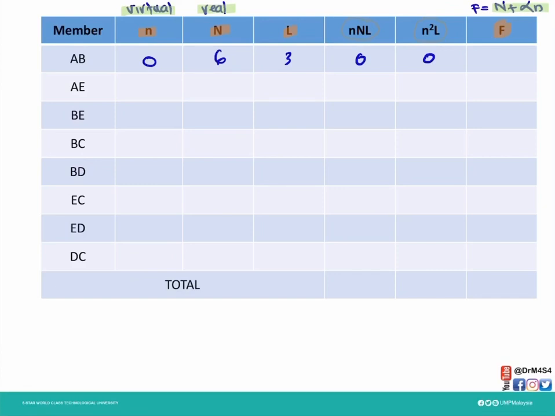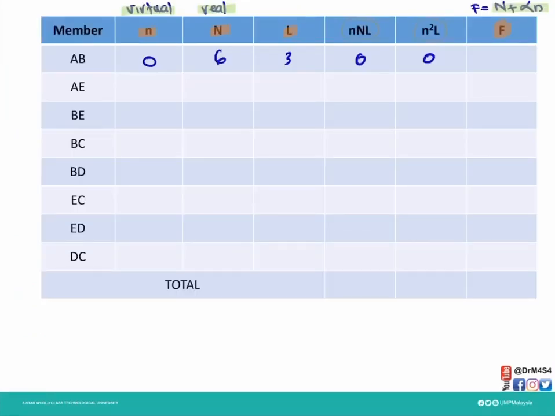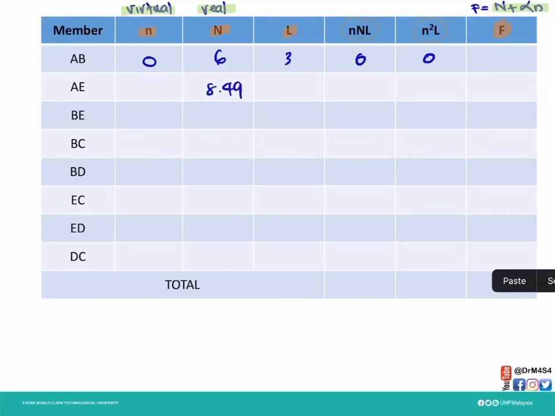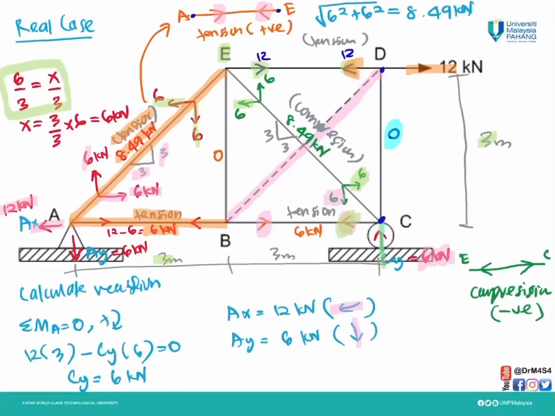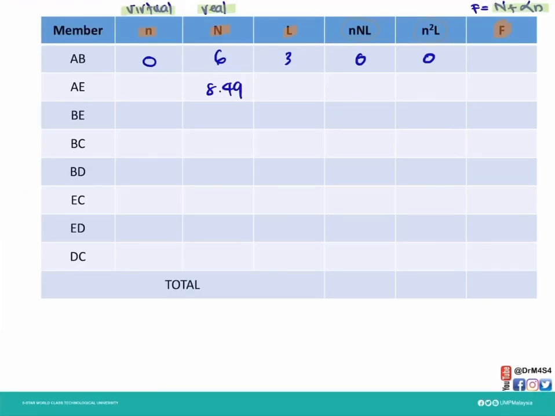Now let's have a look for member AE. The force is 8.49 and it is tension, and tension is positive. So 8.49. The length for AE, 3 power of 2 plus 3 power of 2 square root, and we get length for that is 4.24.